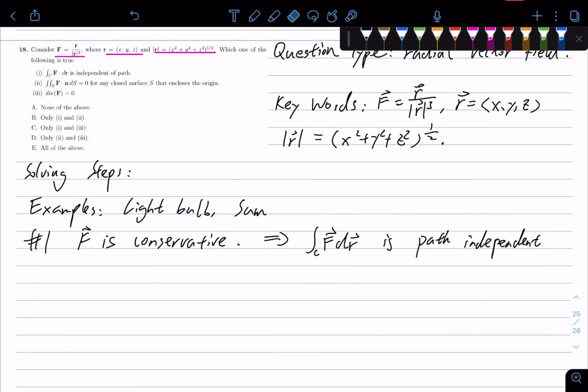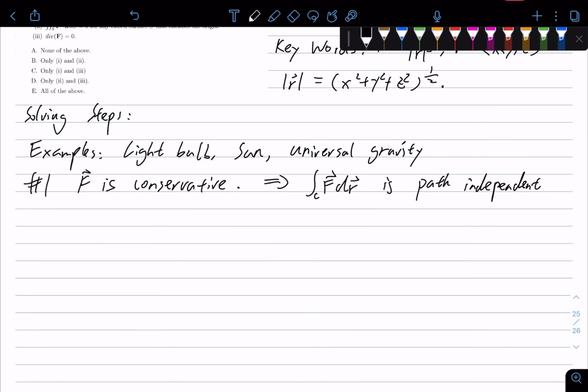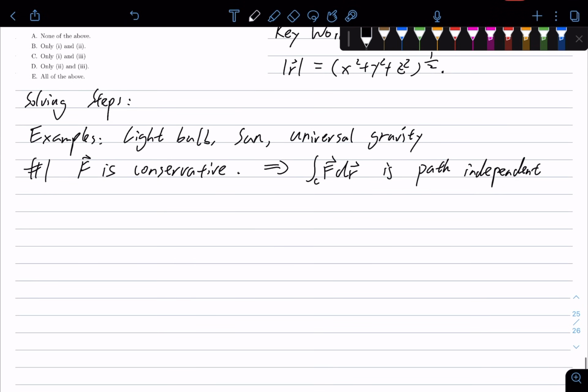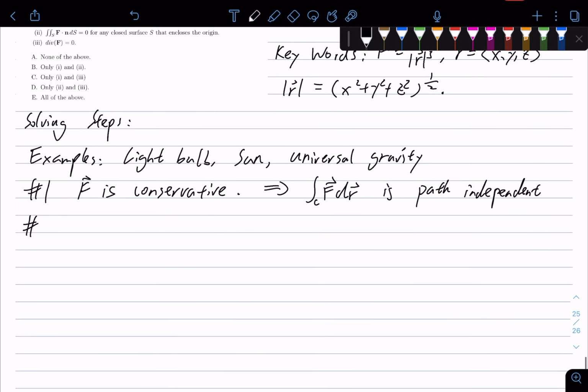These are examples of using light. We can also use universal gravity. These are very good examples of the inverse radial vector field in real life, and we're going to use these examples to illustrate these properties.